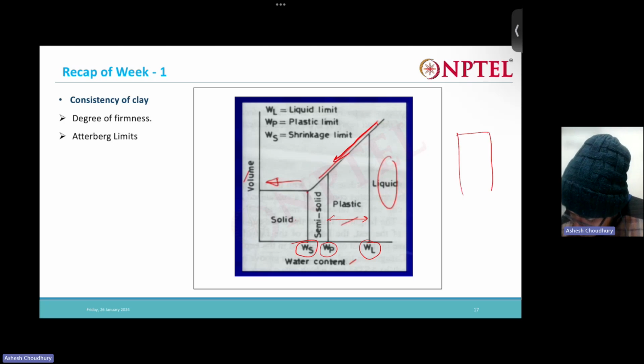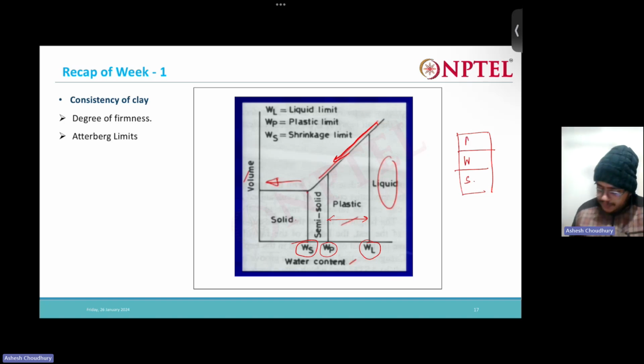You can recall the solids, water, air. Till the shrinkage limit, this total portion is occupied by water. Now from here, if you keep on reducing the water content farther below, what will happen?